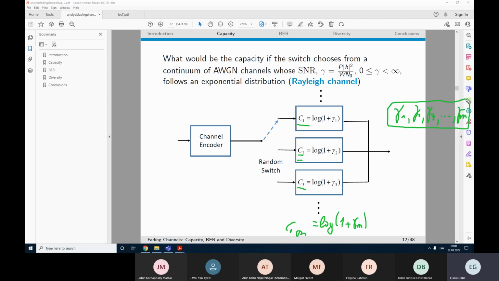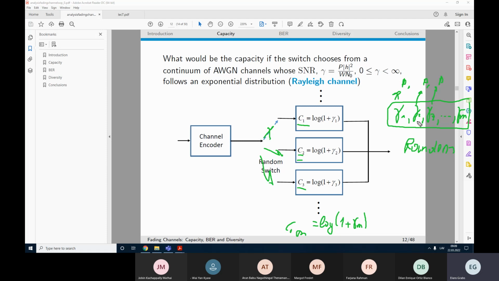So this is random. That's what's happening for a Rayleigh channel. This signal to noise ratio randomly changes, and our switch connects with certain probabilities: a certain probability for this to happen, a certain probability for this, and so forth.